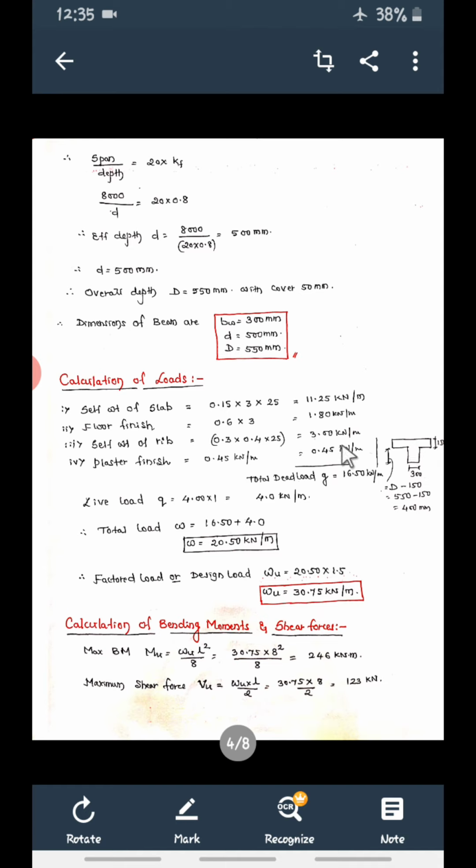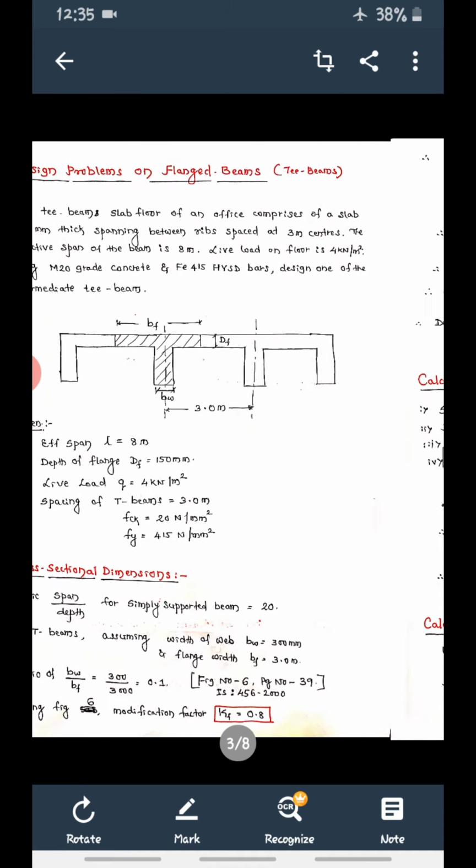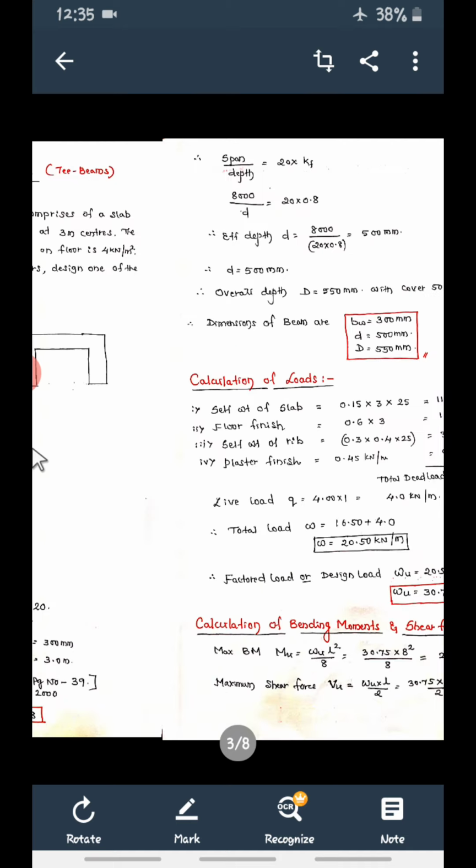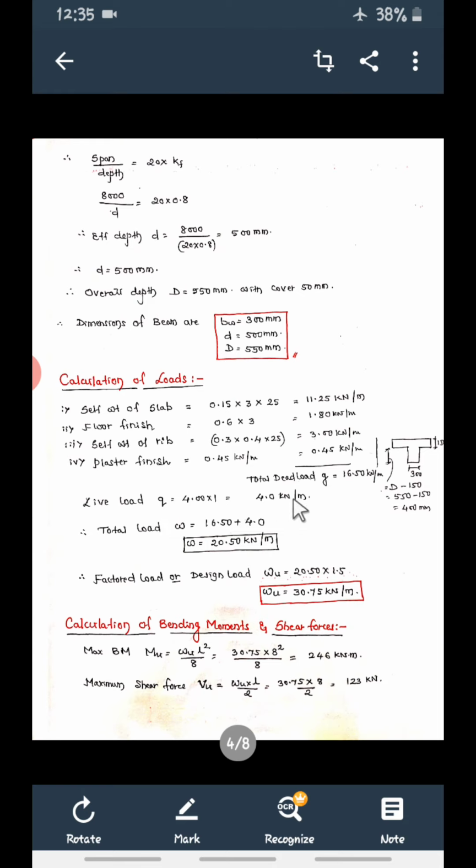So add all this, the total dead load is 16.5. Then live load is given in the problem. Live load is 4 kilonewton per meter square. Actually it is 1 meter we are designing, so directly you can write down 4. So add this 16.5 plus 4, that is dead load plus live load.